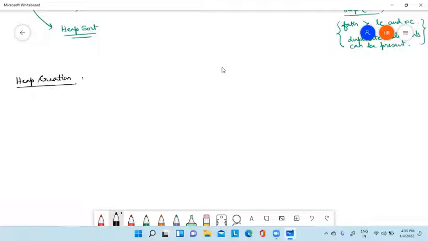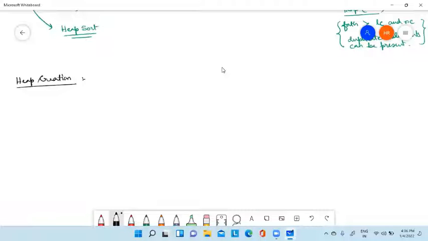Suppose I have some set of values for creating a particular heap, then how to create the heap, that we will discuss today. So suppose the elements are like this.